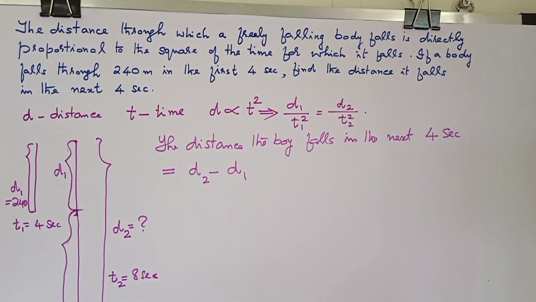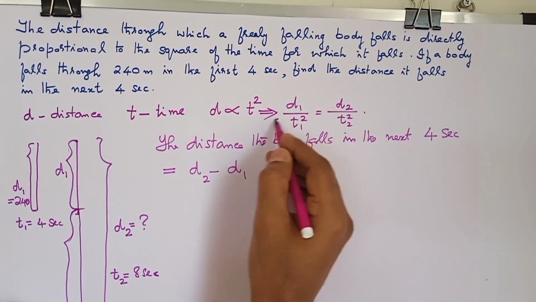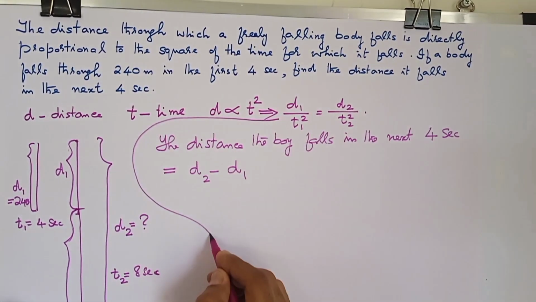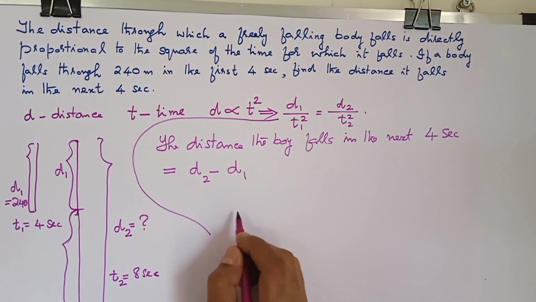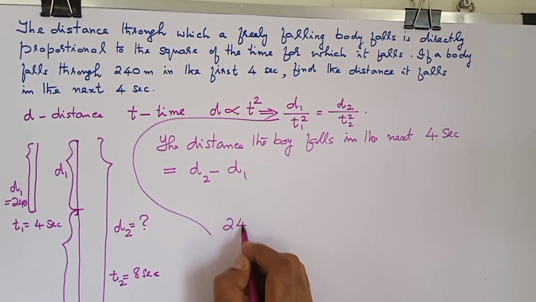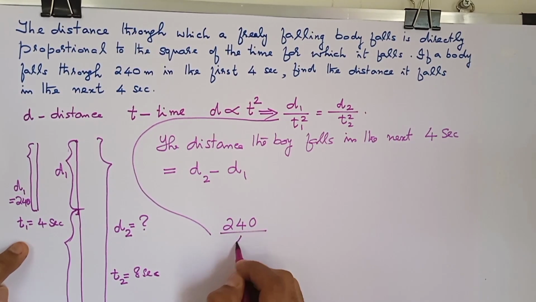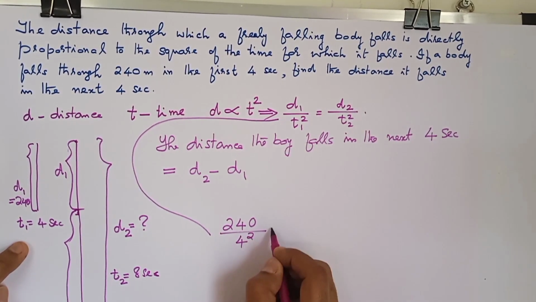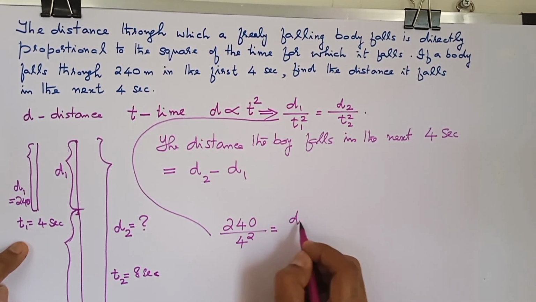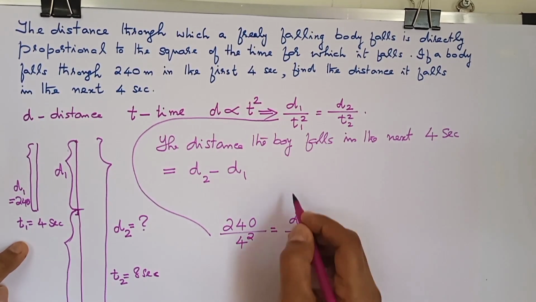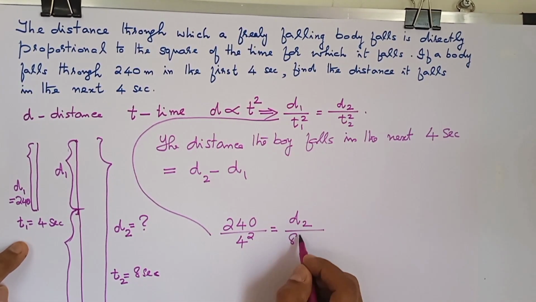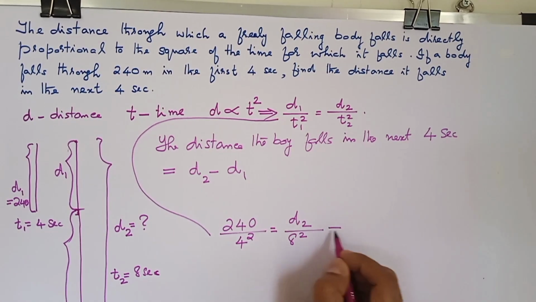Now let's bring down this ratio. D1 is given to be what? 240. Corresponding time is 4 square. D2 we don't know, and the corresponding time is 8 square.